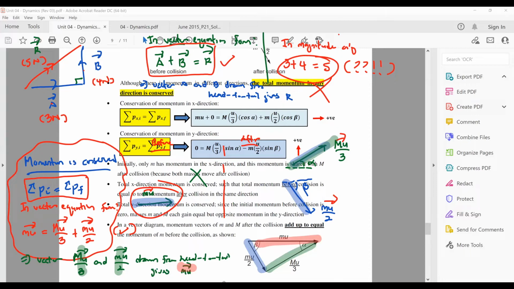That's why here I wrote, in vector diagram form, momentum after collision adds up to be equal to momentum before collision as shown here. So far, so good. Okay, so this is if it is talking about vector diagram form.